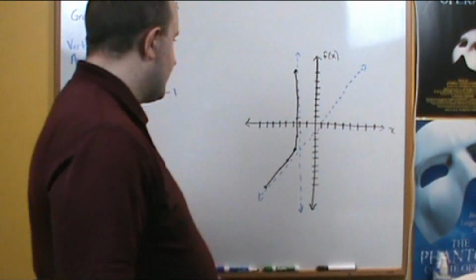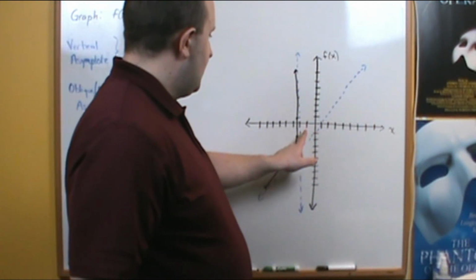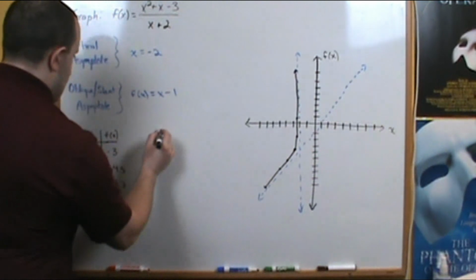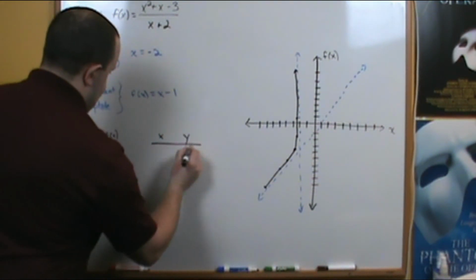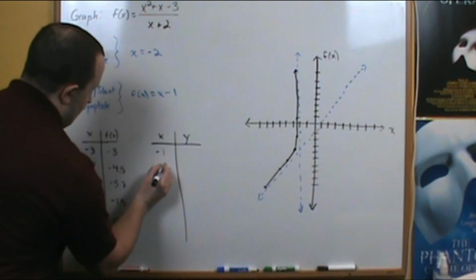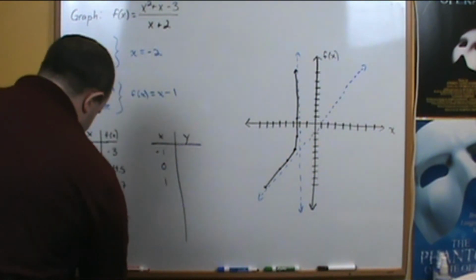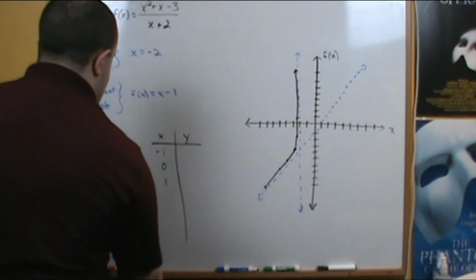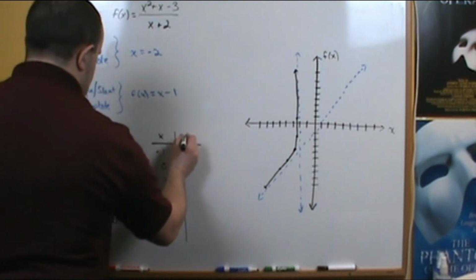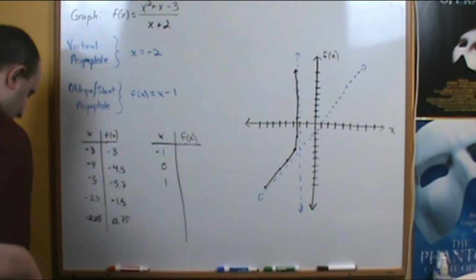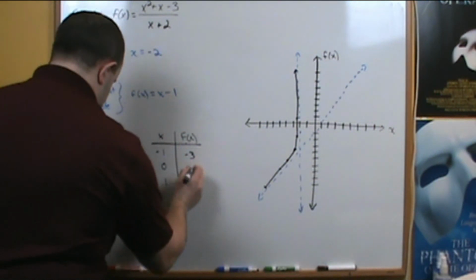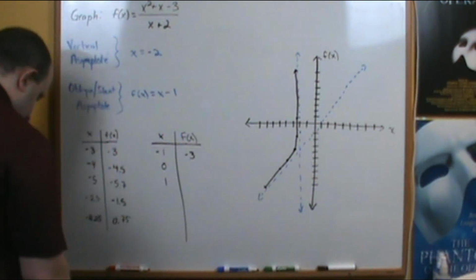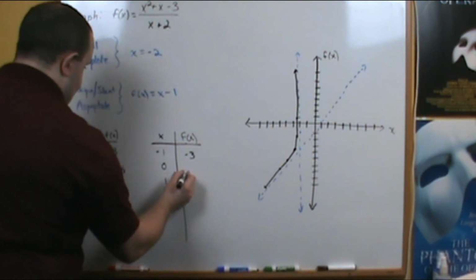Okay? Now we have this part of the graph. Let's look at the other half of the graph. Let's look at points that have x values greater than -2. So let's pick -1, 0, and +1. When x is -1, our f of x value is going to be -3. When x is 0, f of x is -1.5.